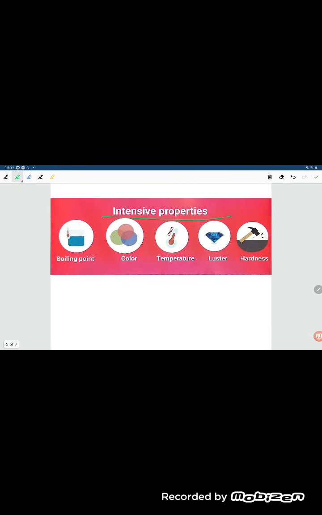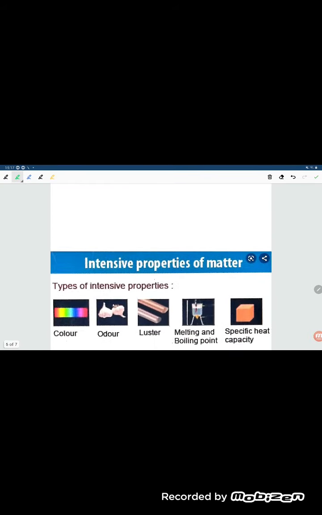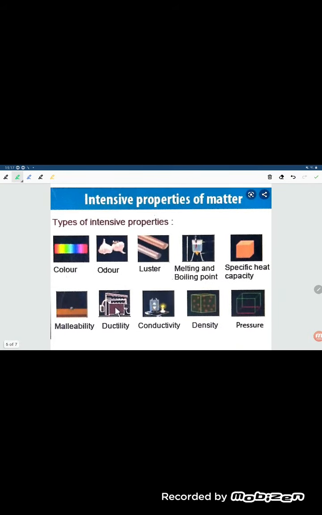Now I am trying to represent some of this diagrammatically so that it will be helpful for you to understand in a visual way. Boiling point is an intensive property, color, temperature, luster, hardness, these all are intensive properties. Even the odor of the substance is an intensive property.